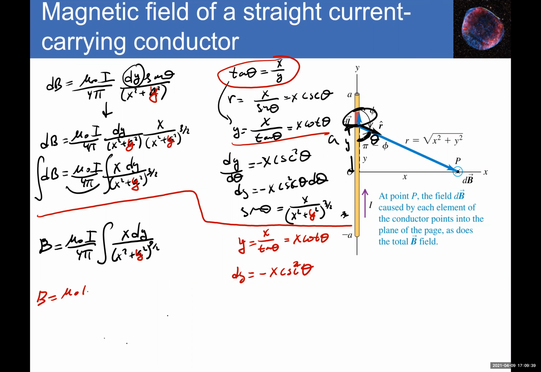B is equal to mu naught I over 4 pi, an integral. X, and for dy, I replace negative X cosecant squared theta d theta, divided by x squared plus y squared. So here I do x squared plus, for y I put x cotangent theta, so x cotangent of theta squared to the 3/2.